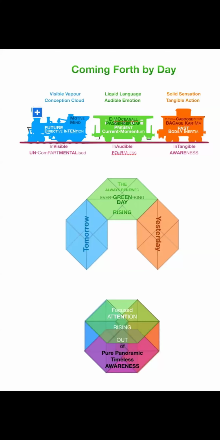So we're then lifting that energy up. There's 12 petals to this chakra, 10 petals to the third chakra, 6 petals to the second chakra, because the second chakra is like a cube.